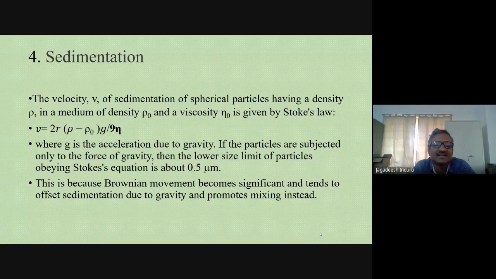That is the reason you don't get any sediment when the particles are smaller than 0.5 micrometer, because our colloids have particles less than 0.5 micrometer, that is 500 nanometer, and more than 1 nanometer. Because of that, you have Brownian motion. That Brownian motion causes the mixing, which means you don't get any sediment under the normal conditions of gravity.